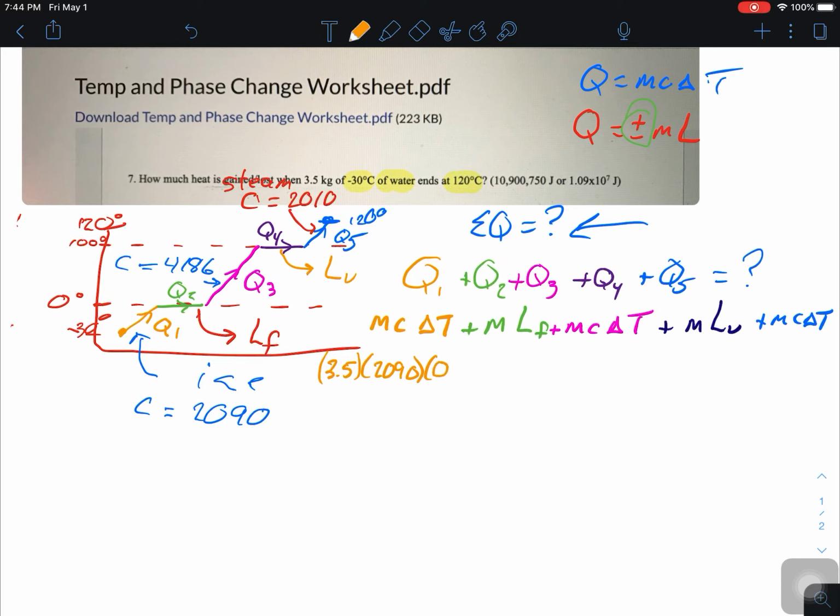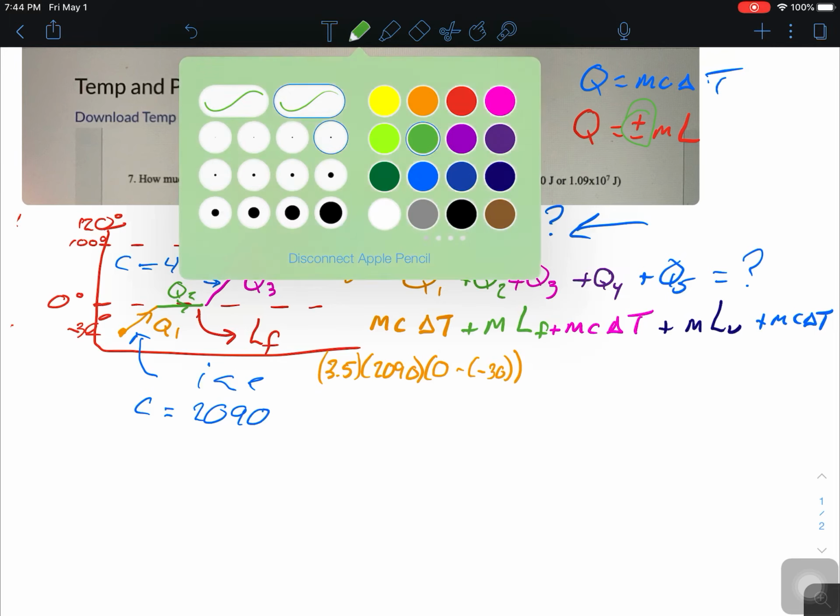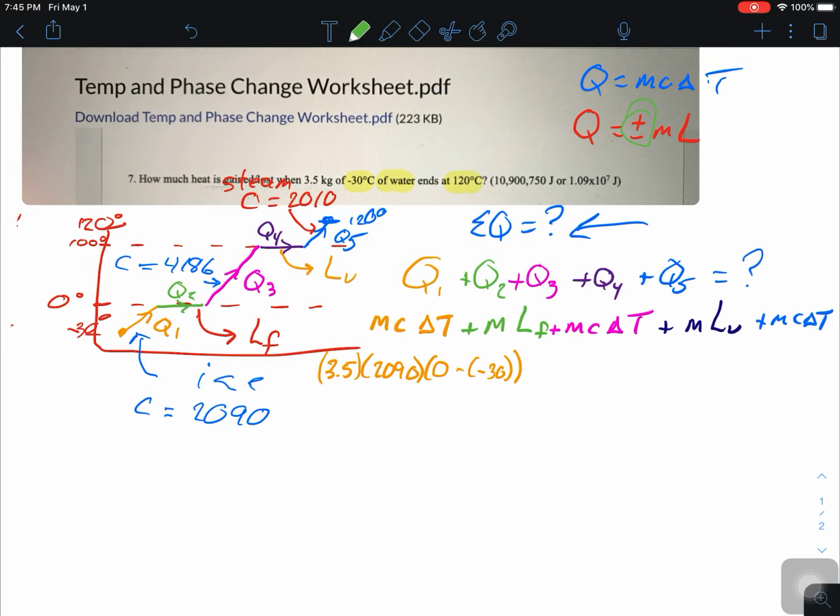So it's going to be 0 minus a minus 30. Okay, so that's of the ice. So this is a specific heat of ice. This is a change in temperature of ice, and it's only the change of Q1. Then it's going to be mass times the latent heat of fusion for water, and we look that up. It's 333,000.